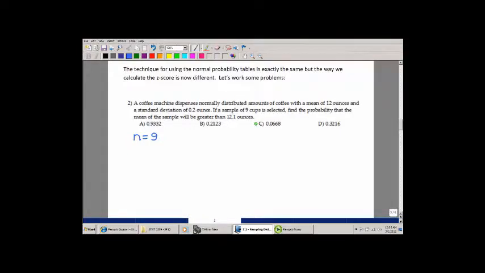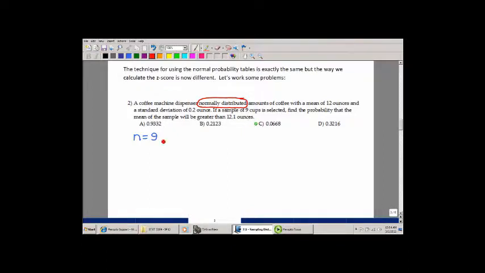Well, the central limit theorem says that only if your population is not normally distributed. Notice here that since our population is normally distributed, n can be any size. So that we're okay with that. If it didn't say normally distributed, the sample size would have to be 30 or more.